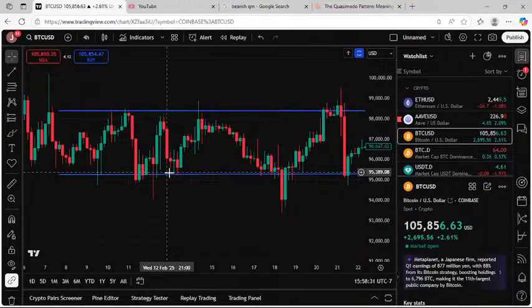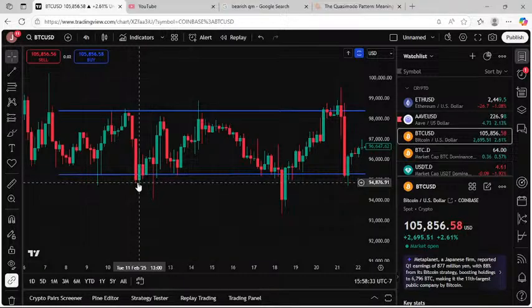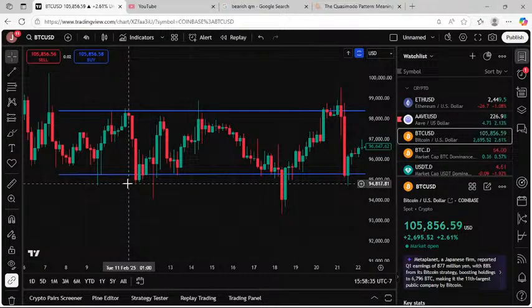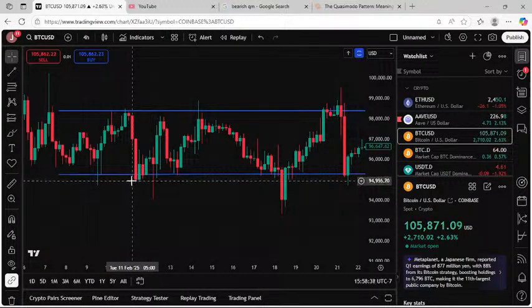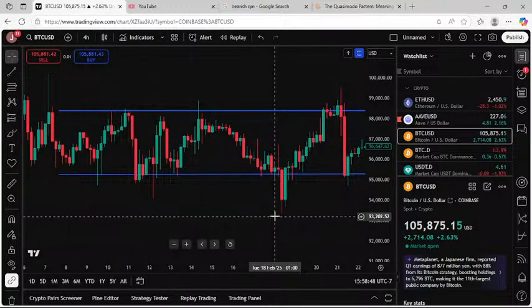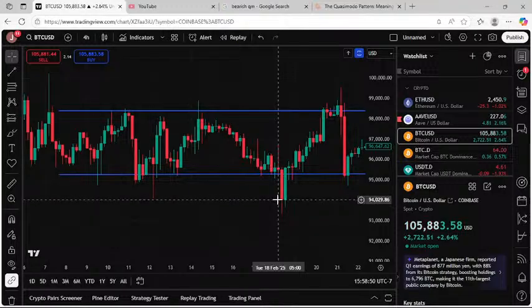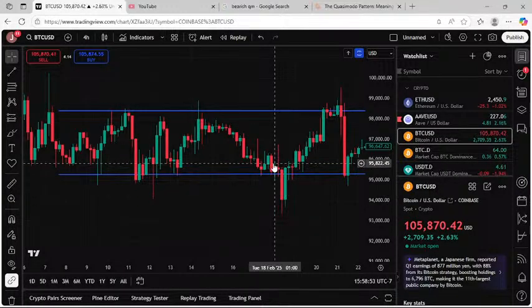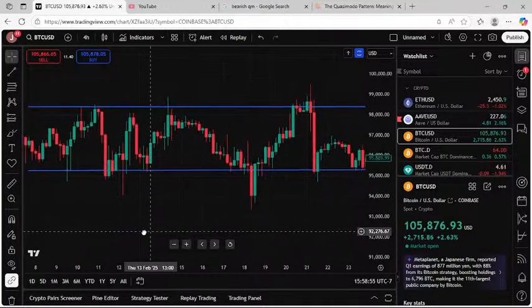Because the minute it breaks through that support, as you can see, the candle got all the way down to here, this red one, and then started retreating back. That's my confirmation that I'm looking for to say, okay, perfect, we're going to go back and play in that range again. Same here. This candle went all the way down to here, started retreating, candle closed, green one opened, got back in the range.